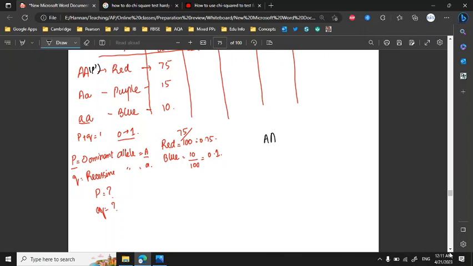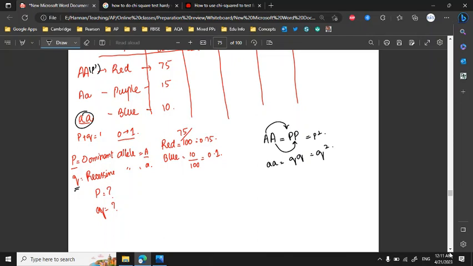For your satisfaction, let me write it out. Homozygous dominant, capital A capital A, means P times P. One P represents this A and the other P represents this A, so it would be P square. And then when you talk about the homozygous recessive, small a small a, they are not going to be represented by Q, because you said that Q represents the recessive allele. So if there are two recessive alleles, then you would write Q Q, that would be Q square.